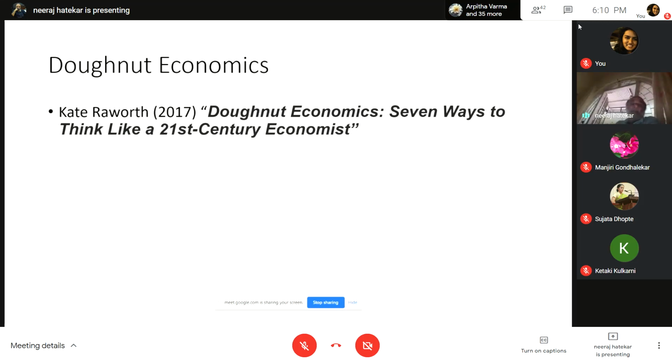So this very interesting book, Donut Economics, is about operationalizing that idea and making it a concrete structure. And many cities now are going for donut economics kind of policies. So that's something that we will also discuss as this course goes on.